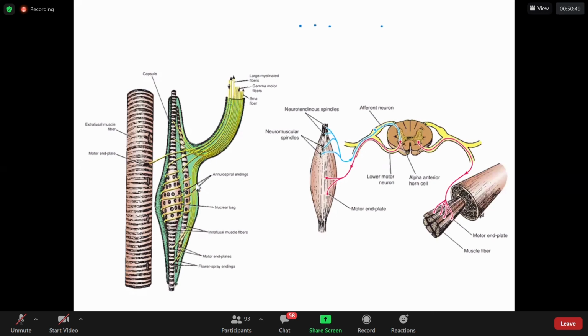The bag fibers and chain fibers, that is intrafusal fibers. Is it clear? And when the alpha motor neurons, the large alpha motor neurons, are stimulated, they will cause innervation to the extrafusal ordinary muscle fibers, and they will contract.